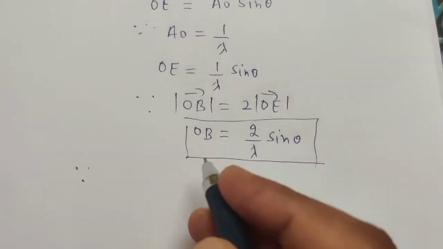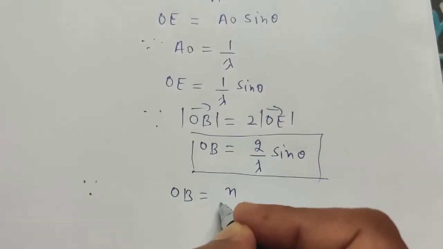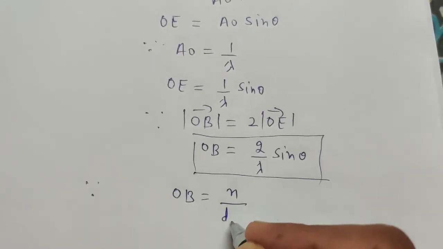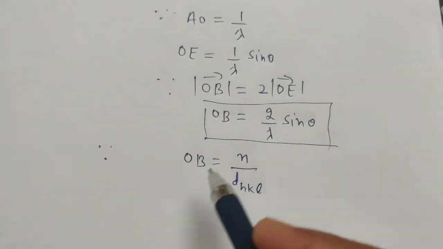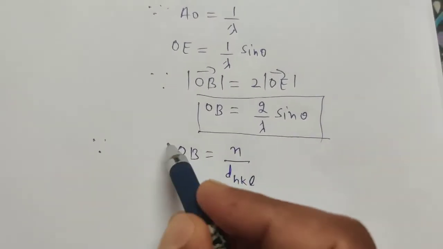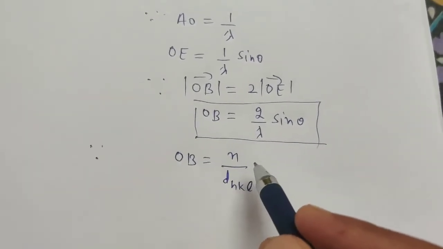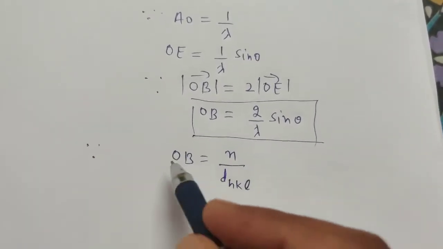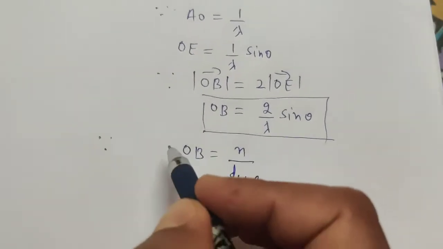So since OV is also n upon d HKL, by definition this is the magnitude of the reciprocal lattice vector, that is n upon d HKL. d HKL is your interplanar spacing between the HKL planes.